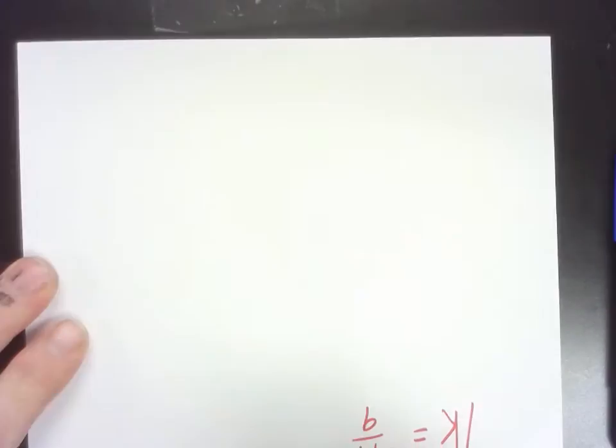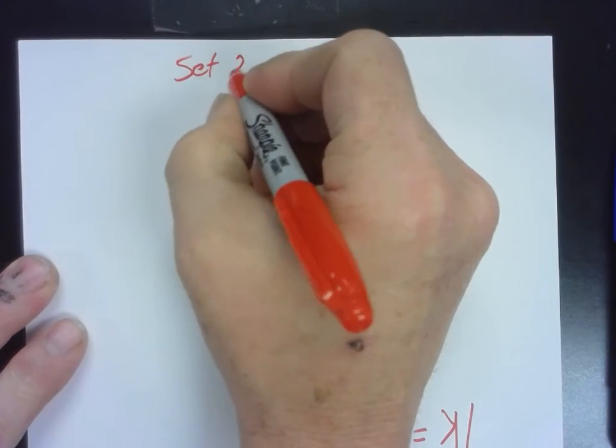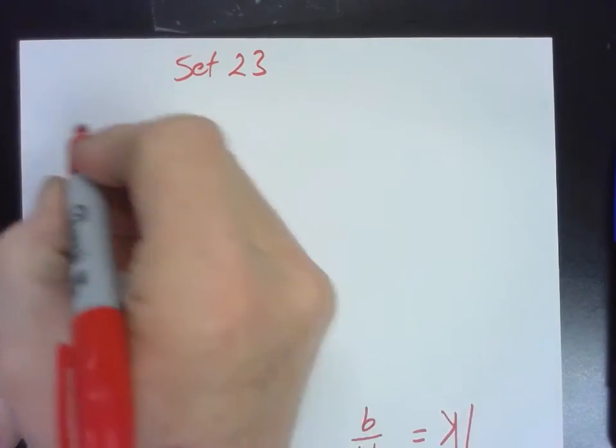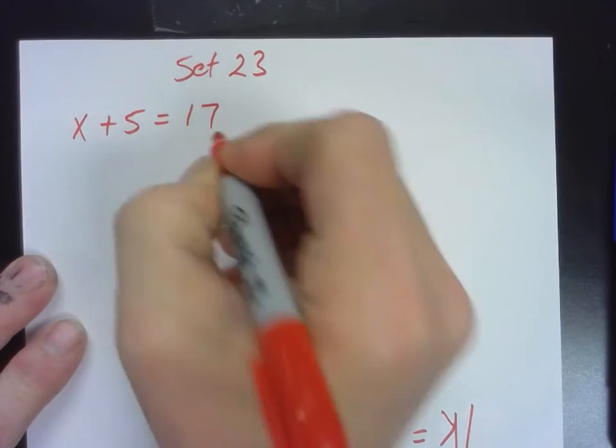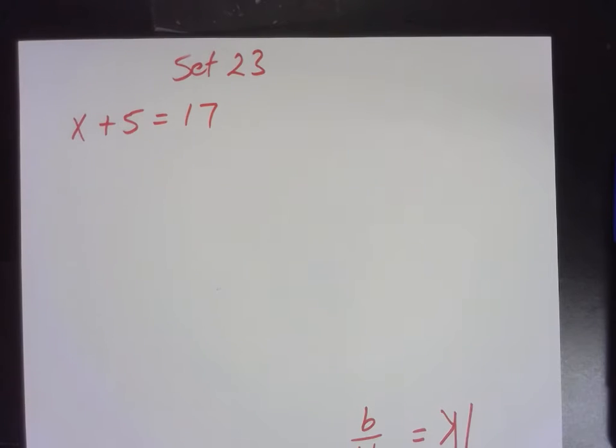Okay, so get out your paper where you're going to do set 23. And I just want you to write down this equation. I want you to show me all the work and the answer the way I've taught you to do it. It should take 10 seconds. Don't just write down the answer.